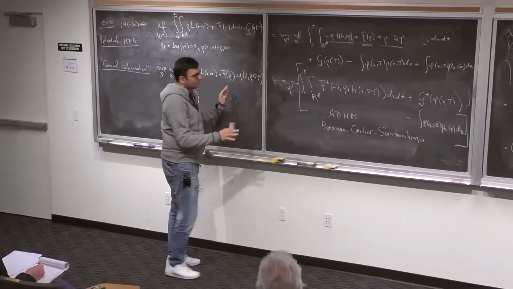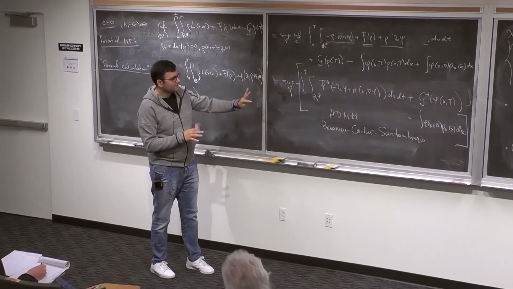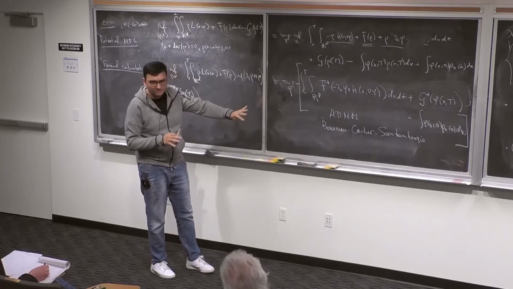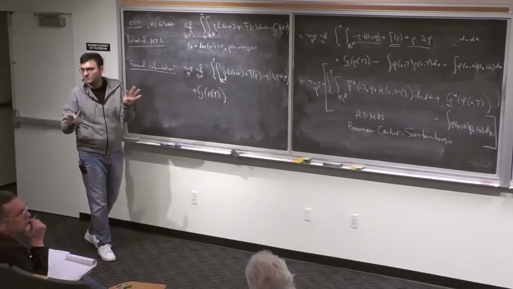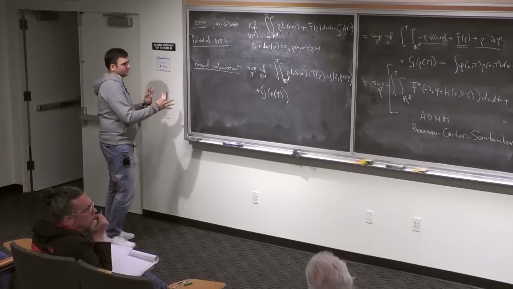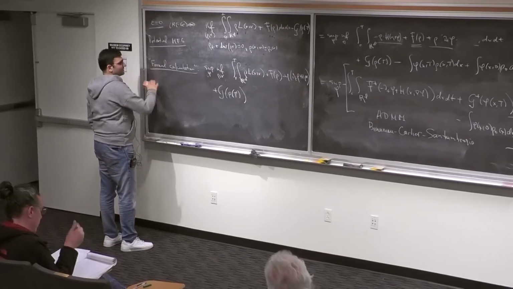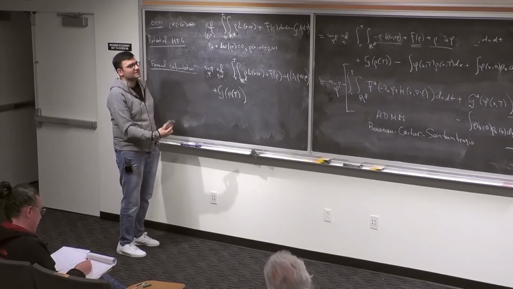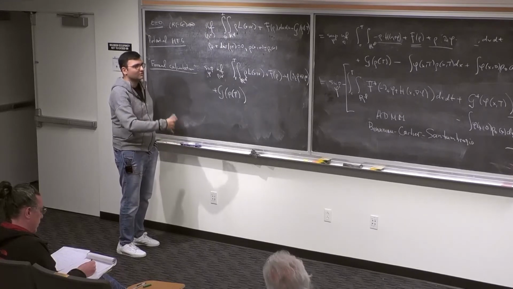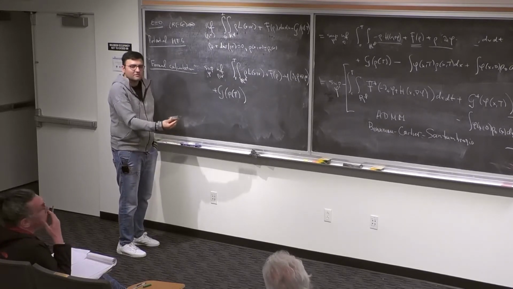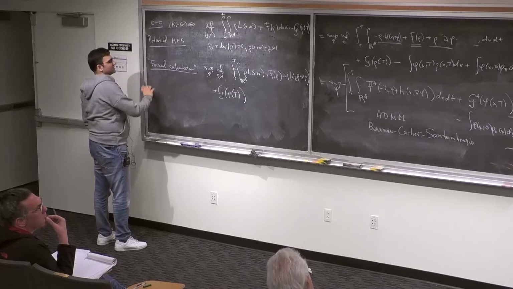Just to close this part, once you write it as a convex optimization problem, there is a plethora of algorithms that you can apply to solve this type of problem. And so the difficulty is somehow to transfer the problem into a nice convex optimization problem. That's the trick.